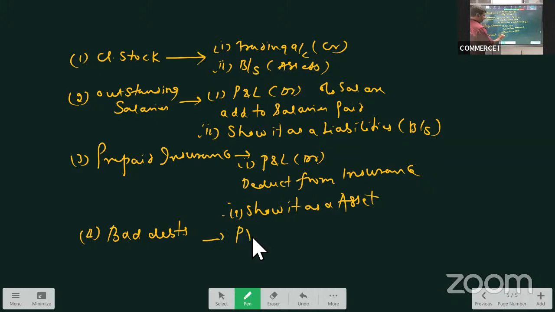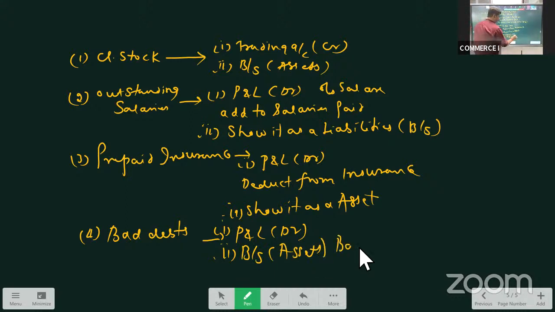We show it in the P&L account on the debit side. This is the first effect. Then again, in the balance sheet, on the asset side, bad debts are deducted from debtors. This is all.